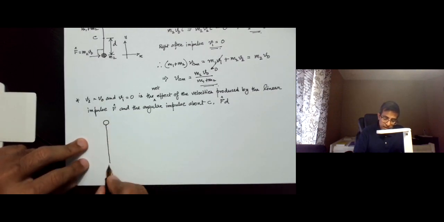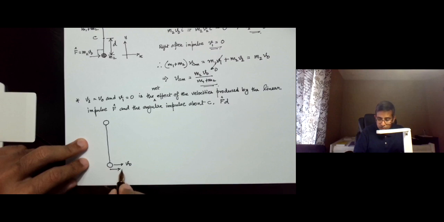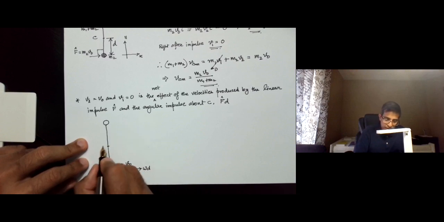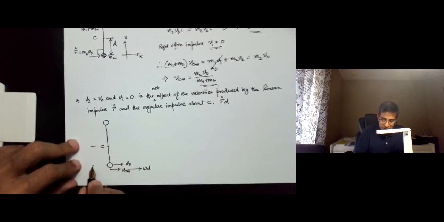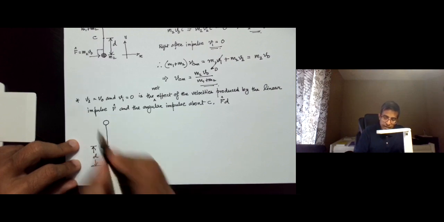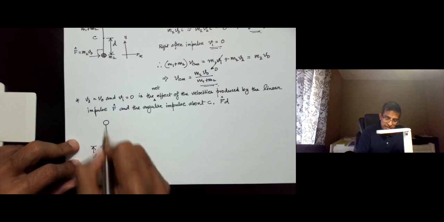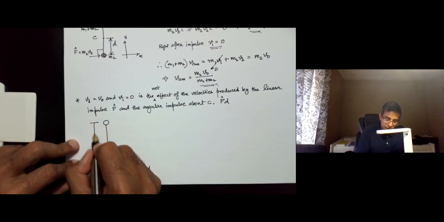That is, the velocity here is v0, okay, but this is essentially equal to vcm plus omega times d, where this is the center and the center is at a distance d from m2, and so it is at a distance of l minus d from m1.